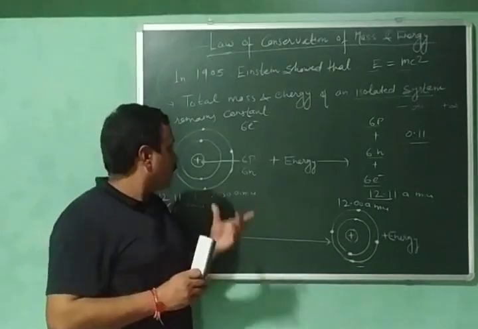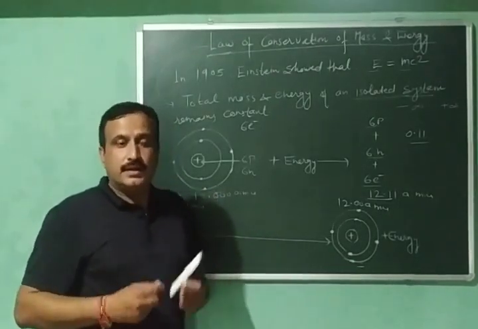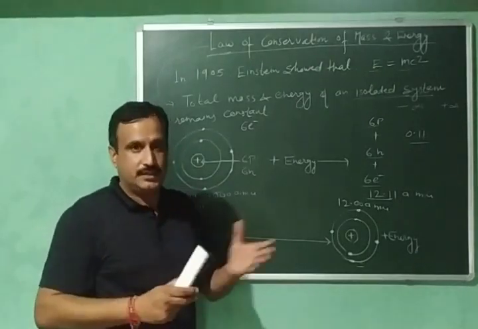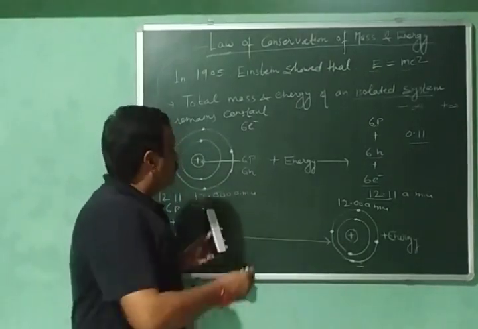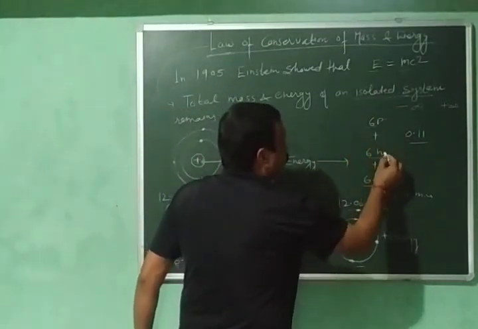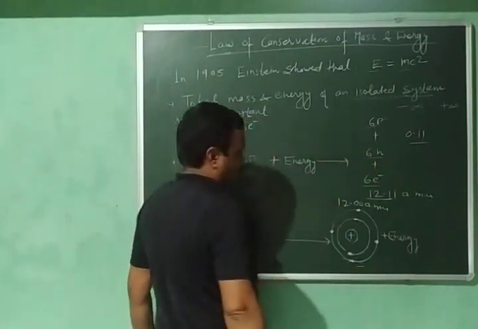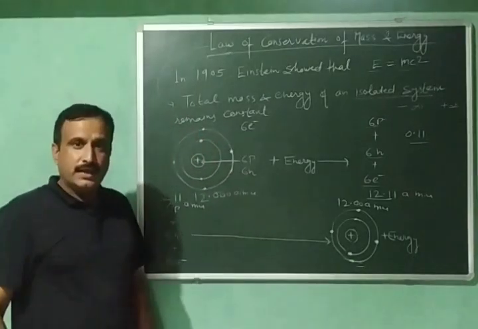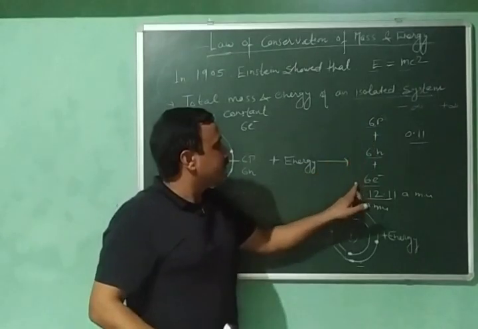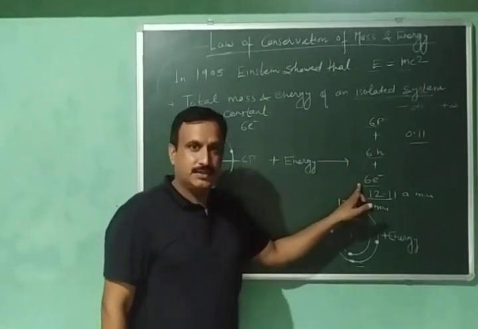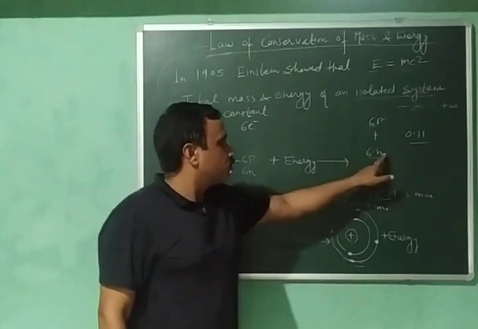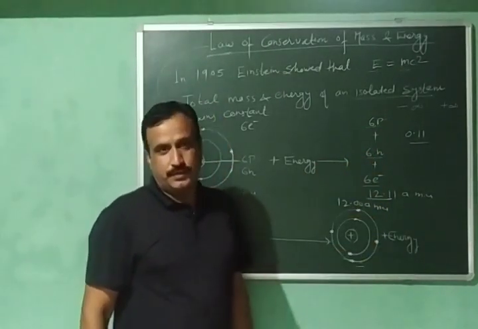Okay, we will break this carbon atom into its subatomic particles by supplying some energy. So now here we will have 6 protons, 6 neutrons and 6 electrons. Okay, then we will calculate the total mass of these subatomic particles by adding the mass of the 6 protons, 6 neutrons and 6 electrons.